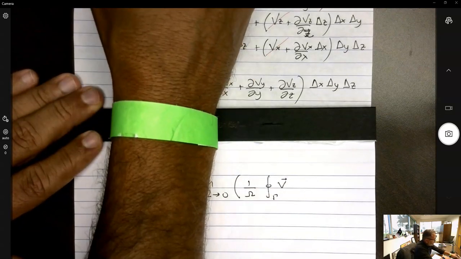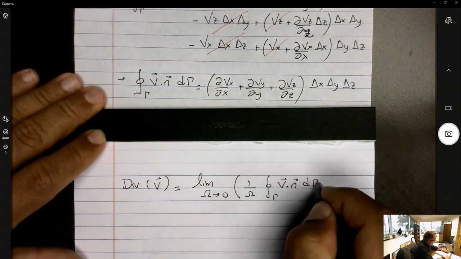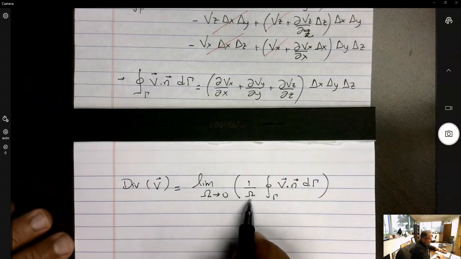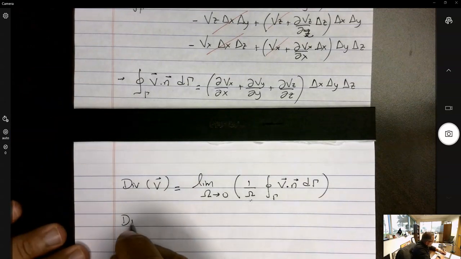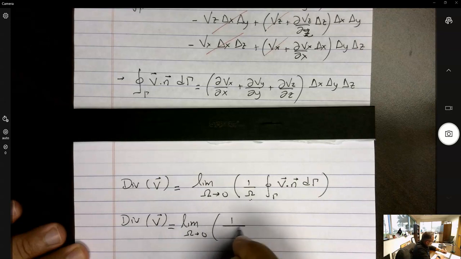This integral is the integral over gamma, v dot n d gamma. Now, who's omega? Omega is the volume, and that volume we said has size delta x, delta y, delta z.